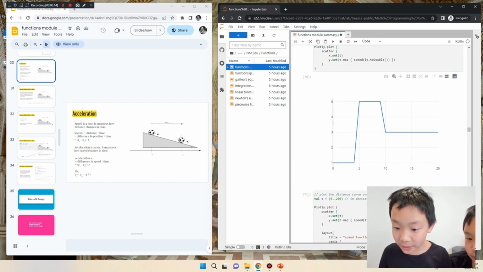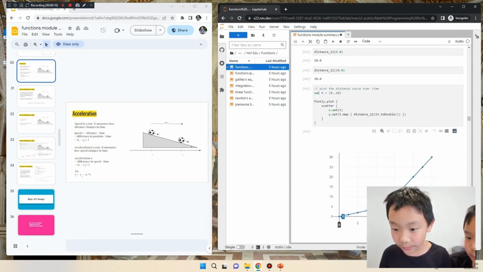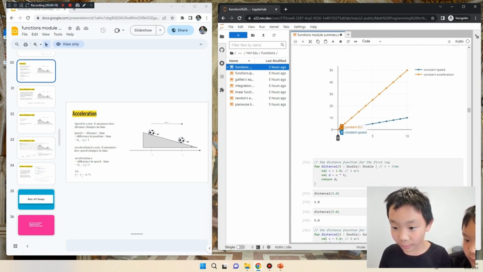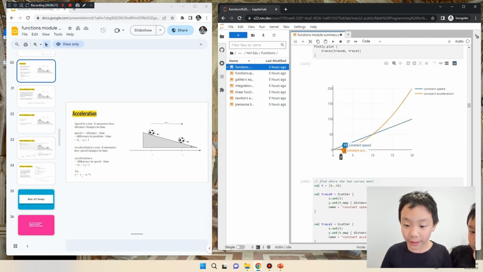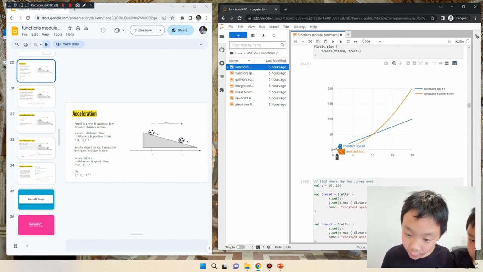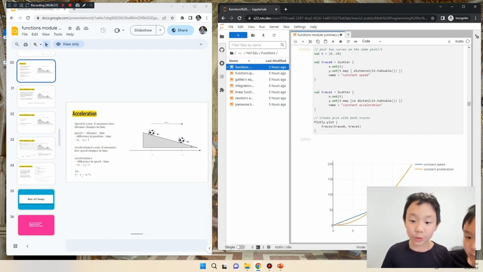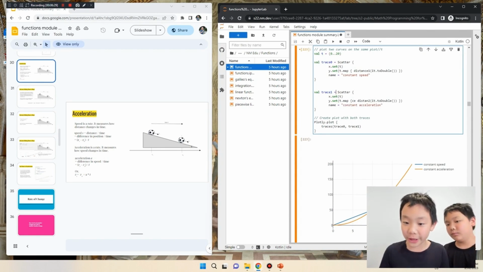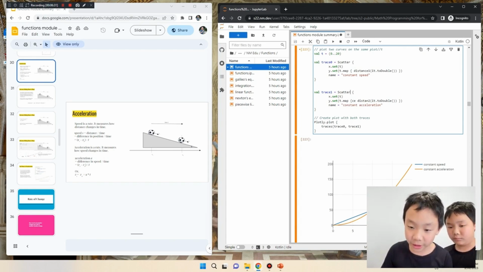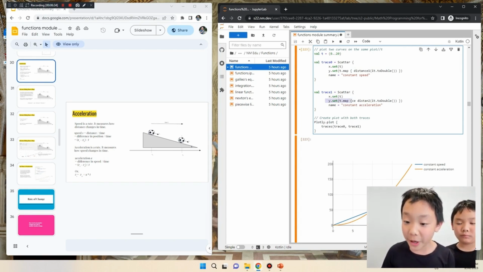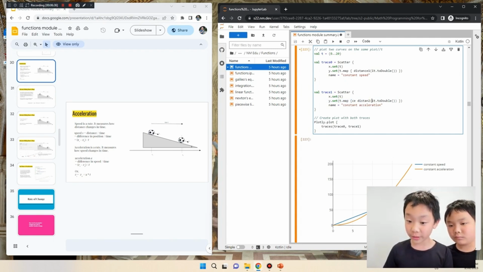This should give us 0, 5, 10, 15, 20, 25, 30, like that. And then this one, trace 1, is just another scatter function that scatters the points, t. But this one is applying the distance 2 function.